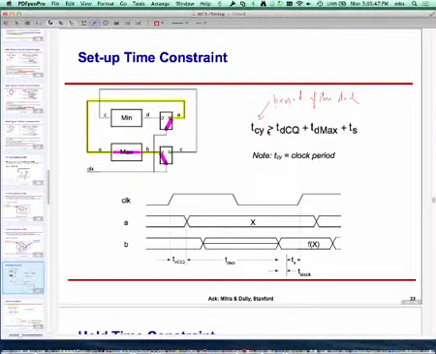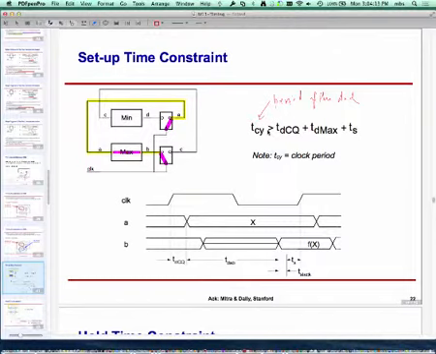Okay, so the solution that he was suggesting is that I systematically identify the fast paths and slow them down. Now the problem with that approach is sometimes the same combinational logic has the smallest contamination delay and also the highest propagation delay. Because it could be that my adder, when it's adding 0 plus 0, is very fast, and when it's adding some other weird number combination, is very slow.